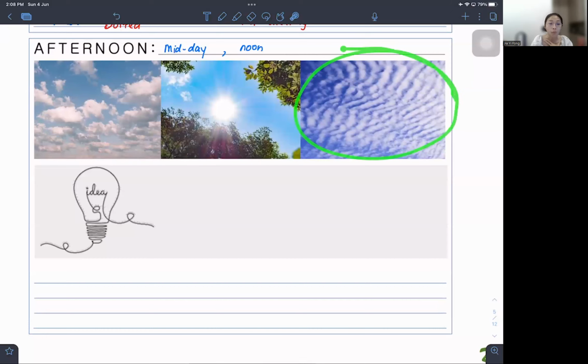Wavy. Curly. Very interesting. Actually, this is what we call mackerel cloud. Mackerel as in mackerel fish. If you look at mackerel fish, the lines of the mackerel fish are very similar to this. So that's something that we can talk about.